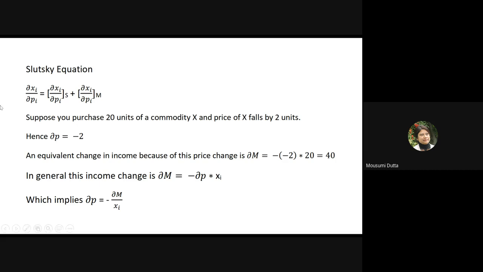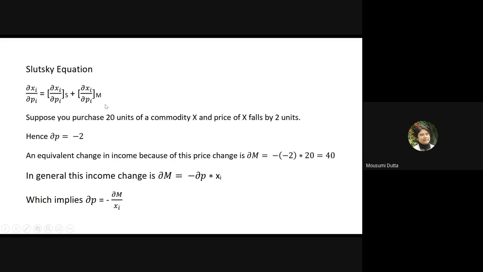Okay. So please look at this general statement. In general, this income change will be captured by del M is equal to minus del P into Xi. This income change will be accommodated by minus del P into Xi, which implies del P is equal to minus del M by Xi.